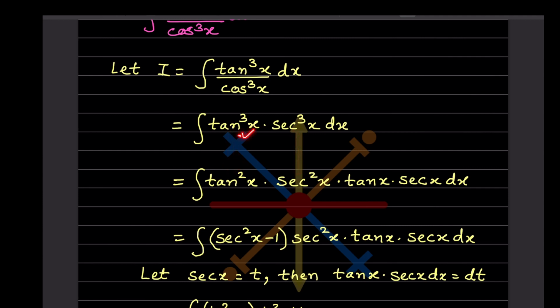What remains, one tan x and one sec x, we will take over here. Now for tan square x, we can also write sec square x minus 1. This all will be as it is.